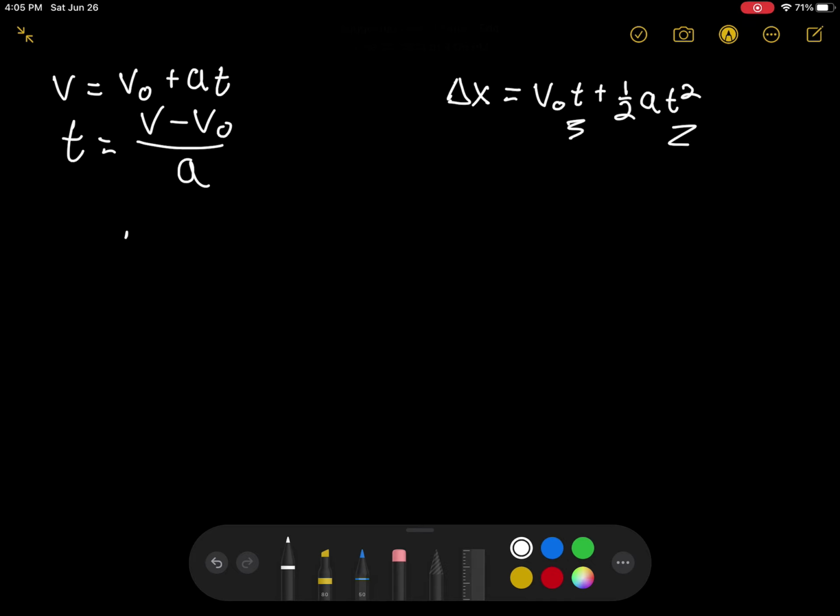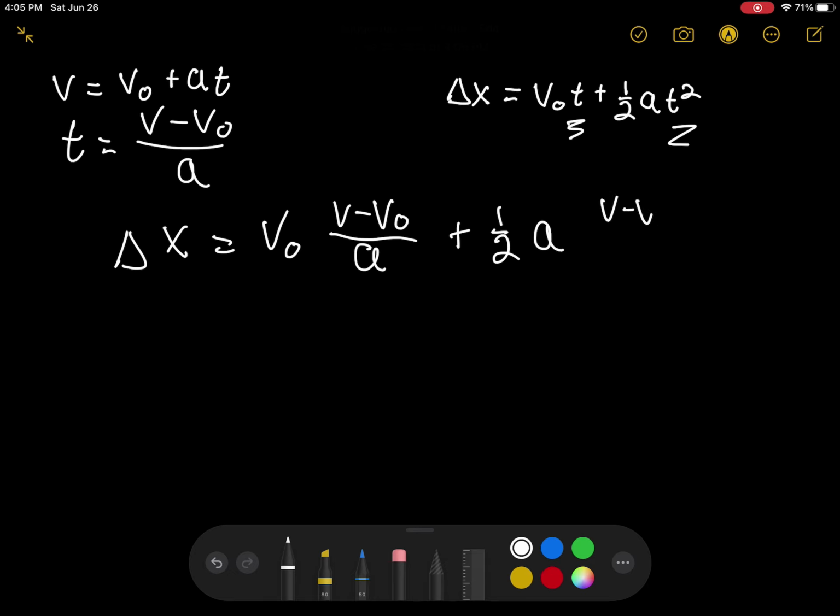So let's begin that. And the algebra is about to get a little bit heavy. So delta x equals v naught, and then we plug in for t, remember, v minus v naught over a. That is plus 1/2 a, and then plug in for t again, v minus v naught squared, all of that stuff, over a.